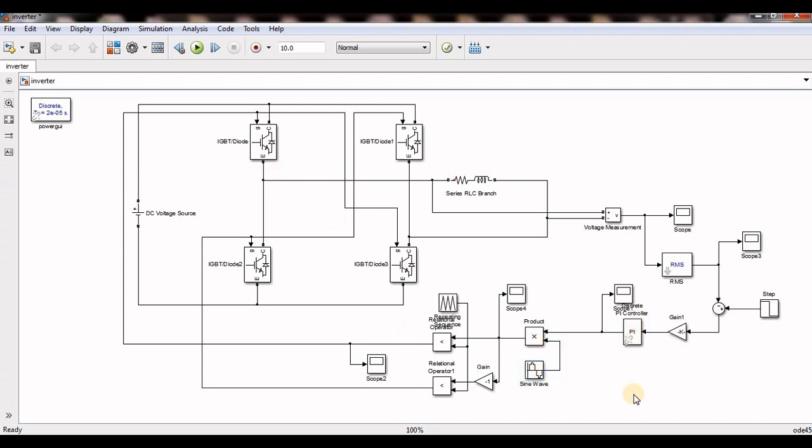So I will take another PI controller, take the frequency and a reference frequency, and apply it to this sine wave in case of closed loop frequency controller. In case of open loop frequency controller, I can directly take my frequency reference, generate the unit sine wave from it, and from the unit sine wave generate the pulses for the two switches.